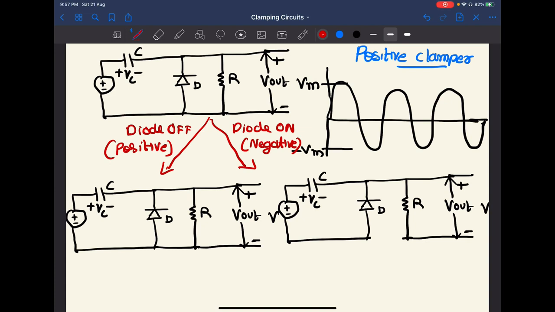What if the diode conducts? What if the diode is on in this case? If the diode is on, it will be short circuited, which means the diode is removed and a straight wire is connected, which effectively means that we are connecting this straight wire across this resistor. So the resistor is also short circuited. We can remove this resistor.